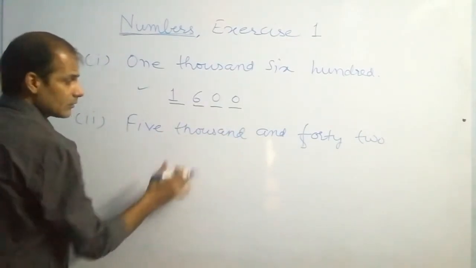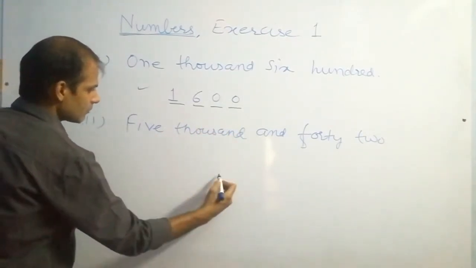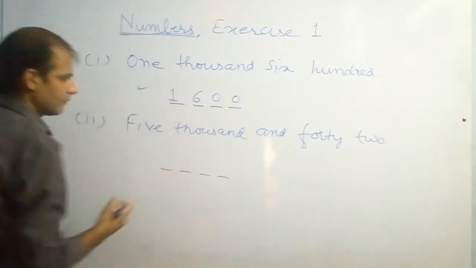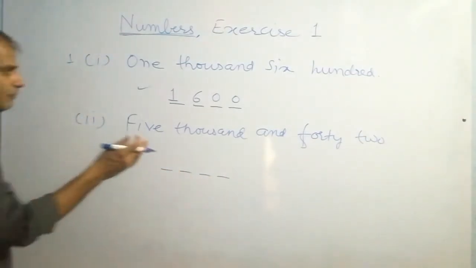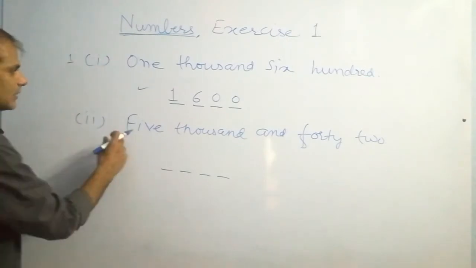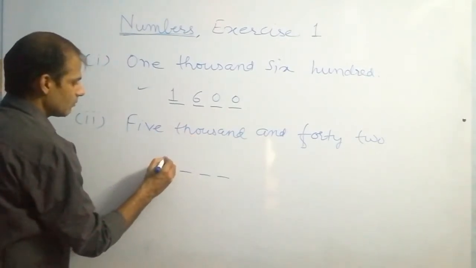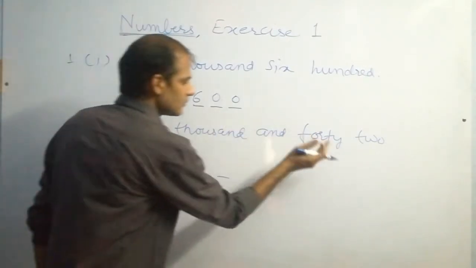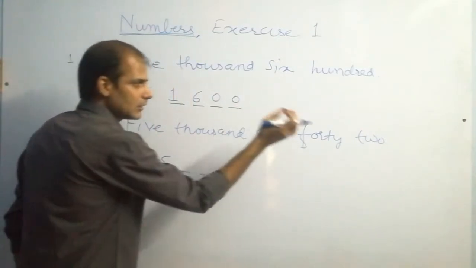This is 1000. The highest position is 1000. It means ones, tens, hundreds, thousand. There will be 4 digits in the number. As it is 5000, you will write 5 here, and after 5000 it is directly 42.